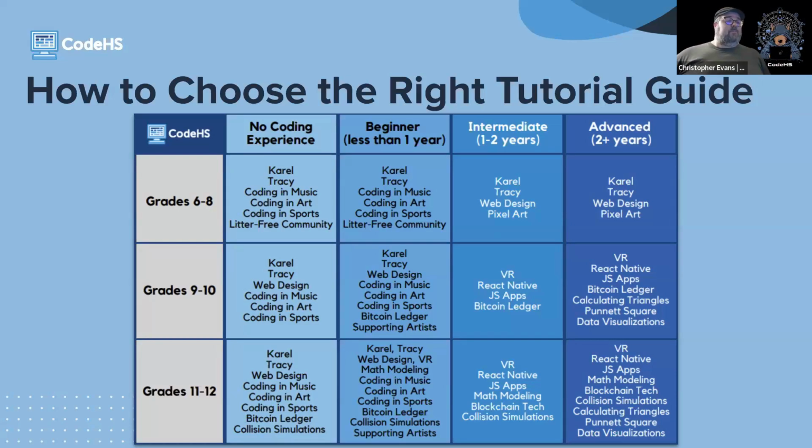And then getting into high school, we have some higher level things that, even though there's no coding, they're still a little advanced for middle school. So we have web design, and then we have an activity with Bitcoin and a collision simulator.